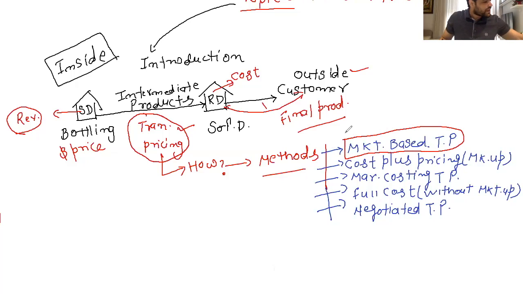We also have a purpose of transfer pricing. I mean, why is transfer pricing important, or why do organizations apply transfer pricing? Why do they not simply use a centralized system? In a centralized system, the organization does not focus on the performance of each division or department.